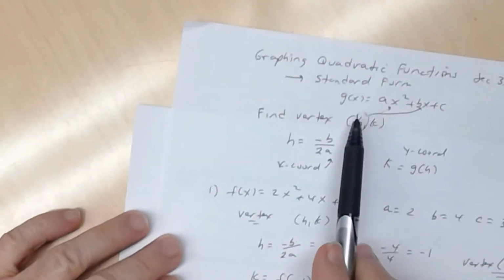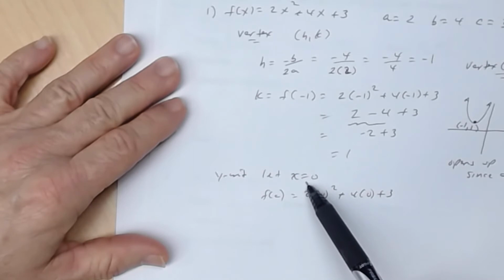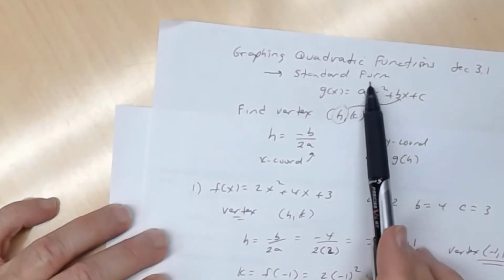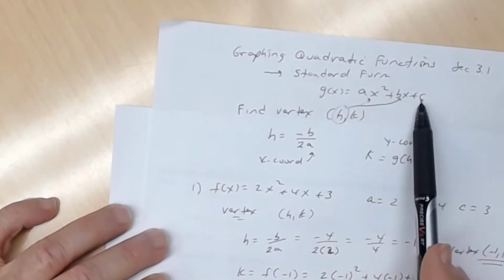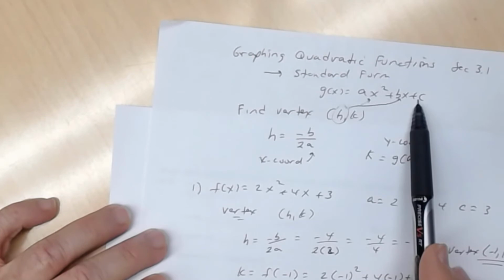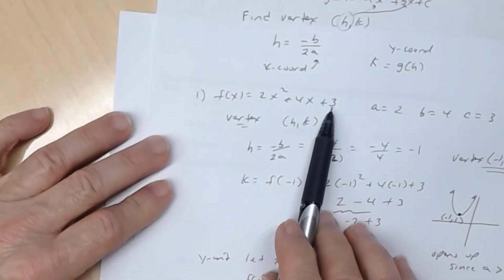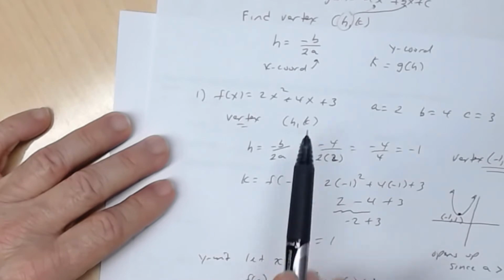Whenever it's written in standard form, and remember, you're letting x be 0 to find the y-intercept, this term becomes 0, this term becomes 0, and you're just left with your constant. This only applies if it's in standard form. If it's in vertex form, that's not true. So only in standard form.